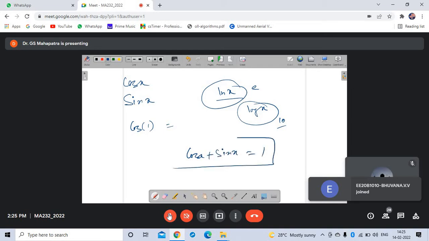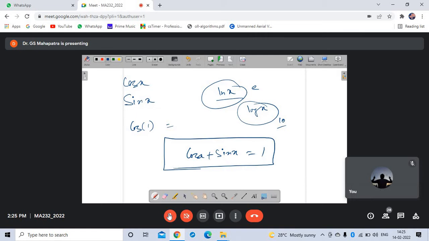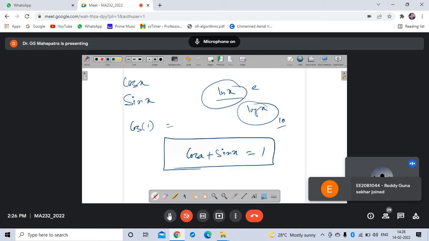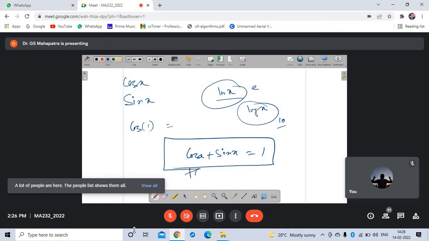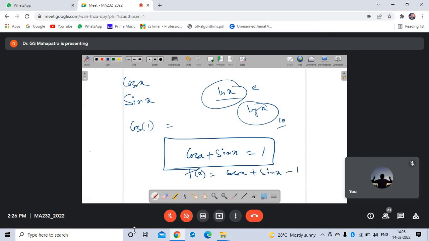Solve it; what is x here? Is it degree or radian? Degree. Now if I write f of x equals cos of x plus sine of x minus 1.